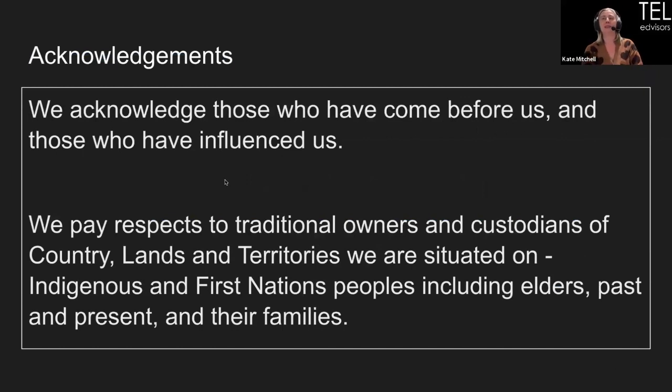Part of this work is very much about recognising and acknowledging that there's a history here. We acknowledge people who have come before us in terms of the work that they have done in this space. What we are proposing is not necessarily anything new. It's really just a culmination and a way to start a conversation and hopefully some provocations around learning design and question some of the existing ways of working.